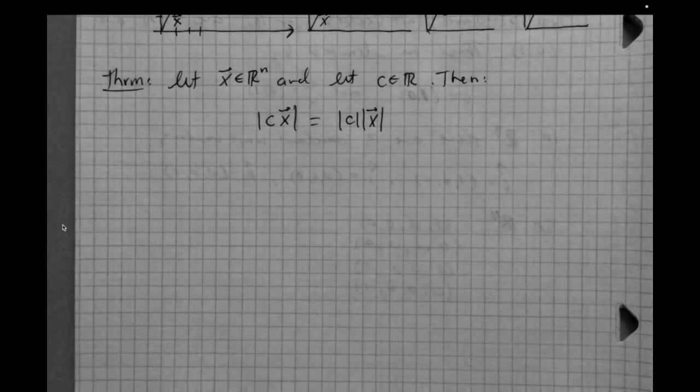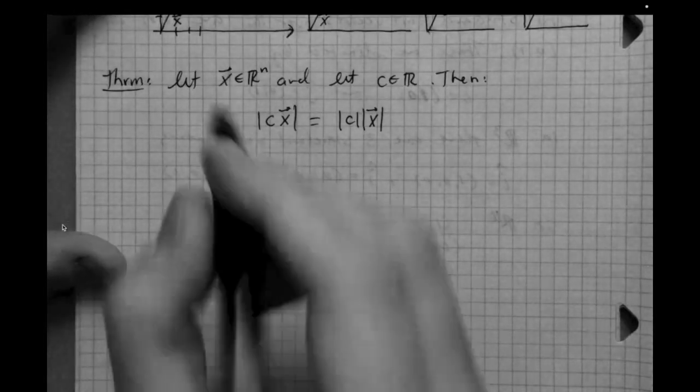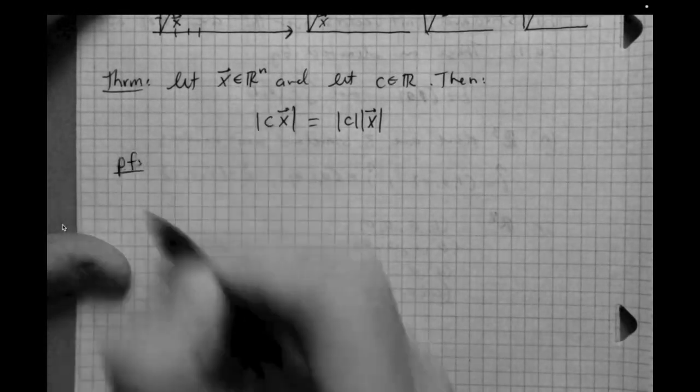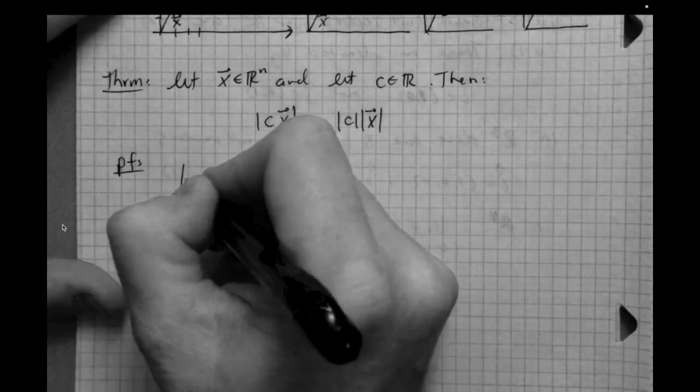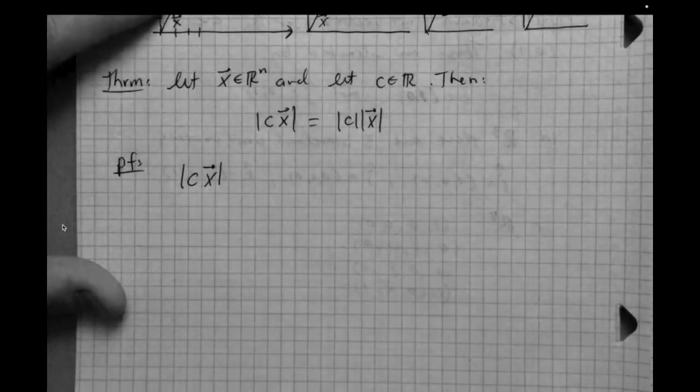So what this is saying is if I take a vector and multiply it by a scalar and take the norm of the new vector, cx, that's the same as taking the norm of the original vector x times the absolute value of c. Let's see if we can prove this. Should be relatively straightforward. So we'll start over here and we'll see what happens.